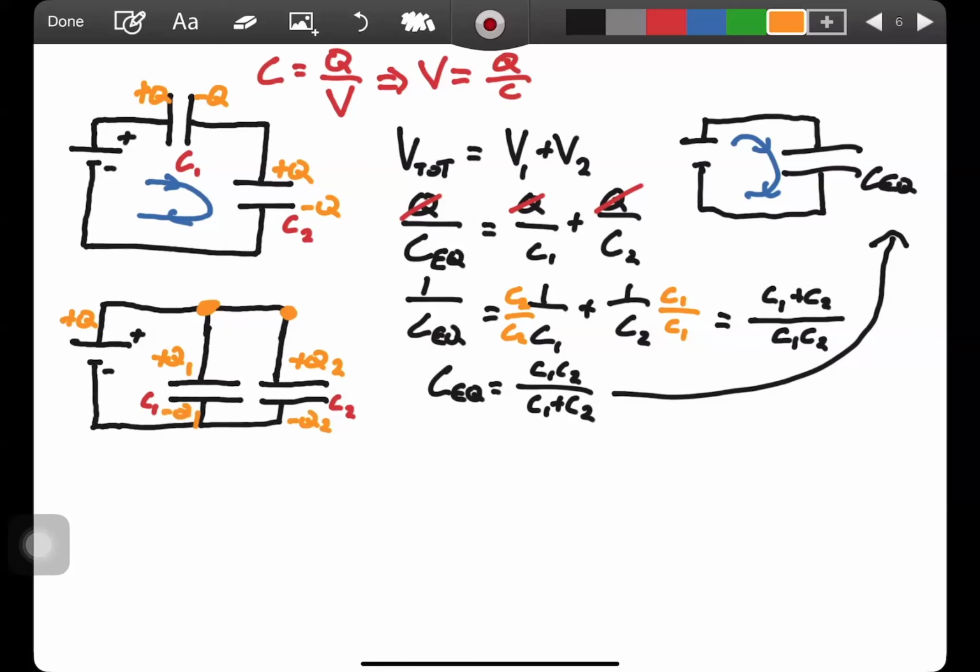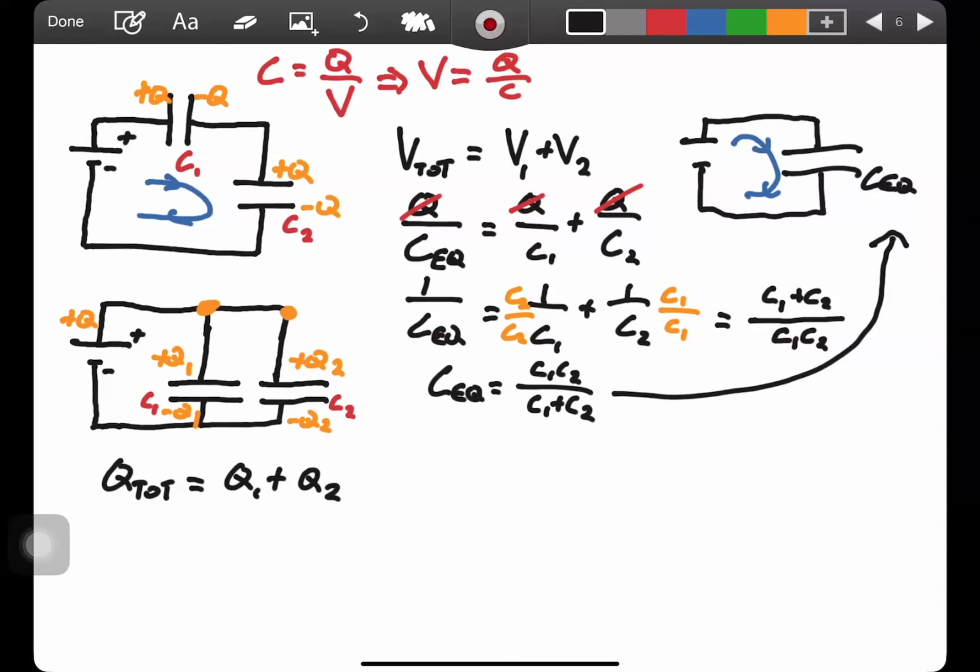But the key here is that the charge is conserved. So since the charge is conserved, we can say that the total charge is equal to the amount of charge that builds up on the first capacitor plus the amount of charge that builds up on the second capacitor. You'll see that that charge reunites when you get to the other sides of the capacitors.